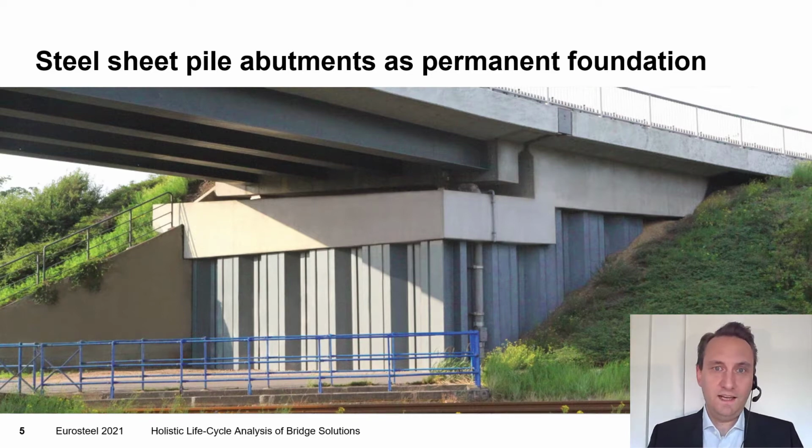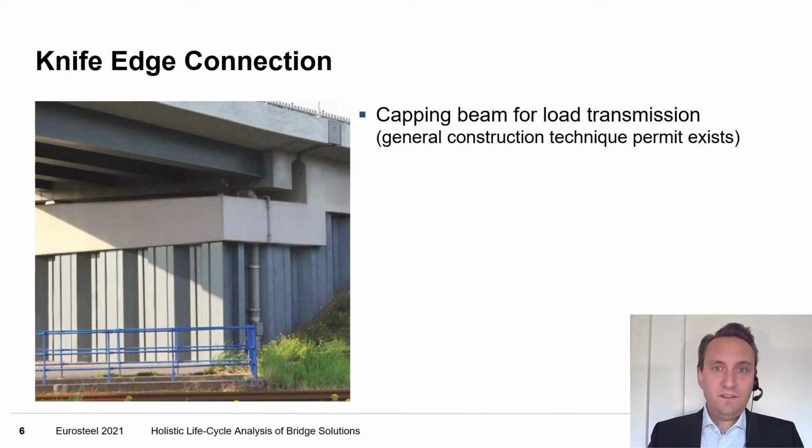The knife edge solution, you can see here, is nothing else than a capping beam for the load transmission. It is a reinforced concrete beam, and for example in Germany a general construction technique permit exists.